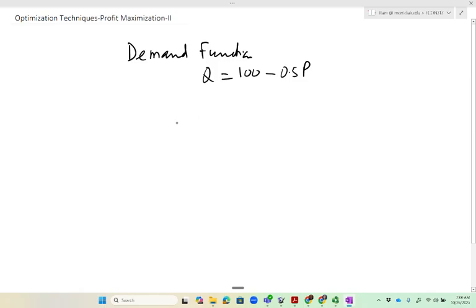This is the demand function. We are also given that the total cost for producing output Q is equal to 0.5Q square plus 25. So we can see there is a fixed cost of 25.